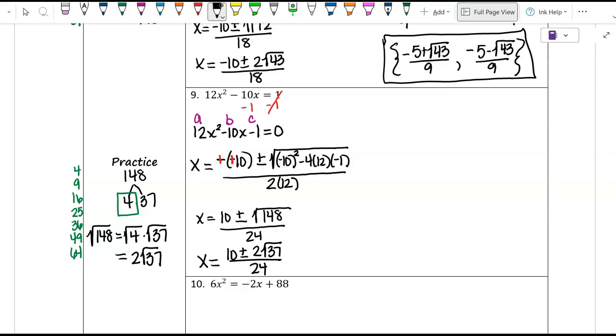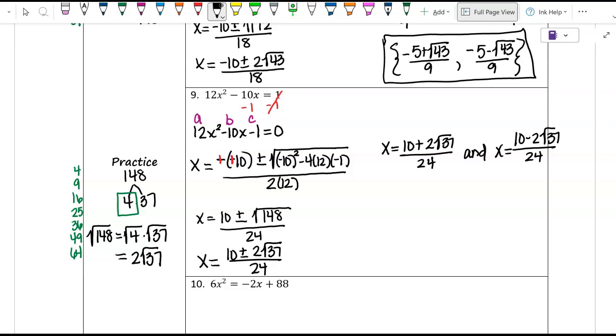So again, we're going to split that off into the two equations with x equals 10 plus 2 radical 37 over 24, and x equals 10 minus 2 radical 37 over 24.